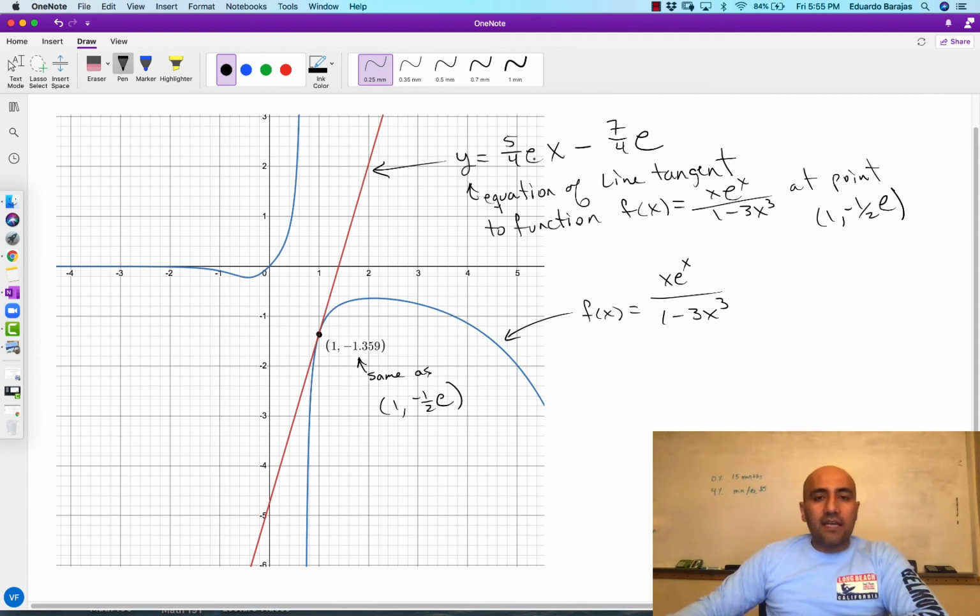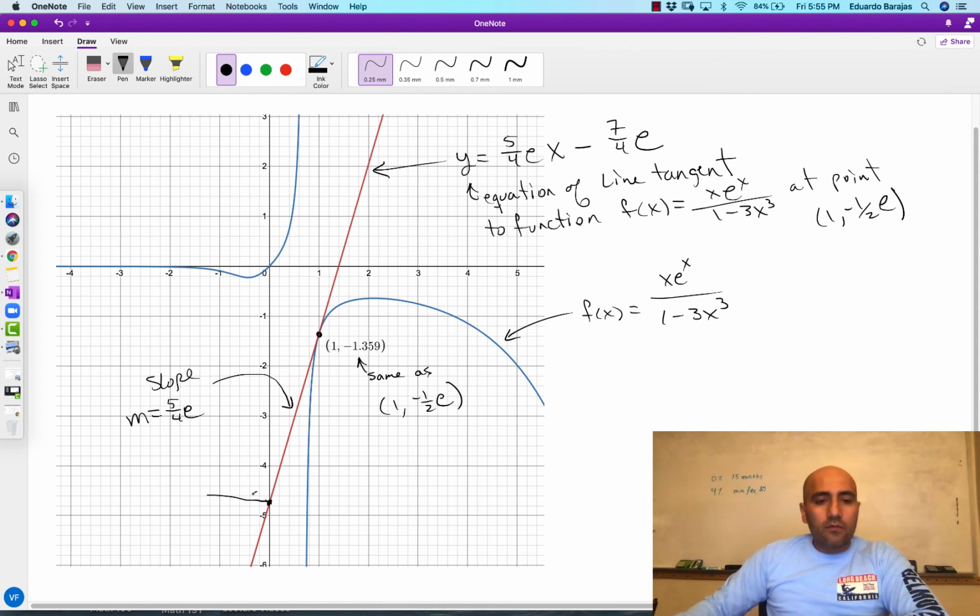And of course, just to be super clear, it's got slope m equal to 5/4 e, that's the slope. And the y-intercept is this thing, which is going to be somewhere over here.